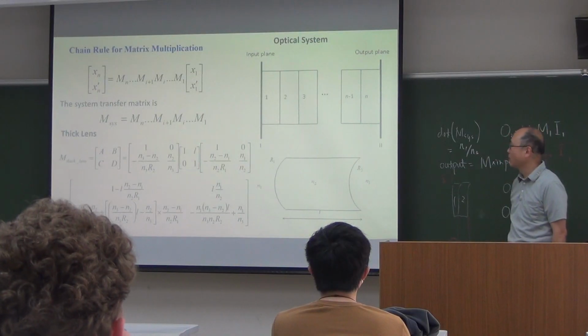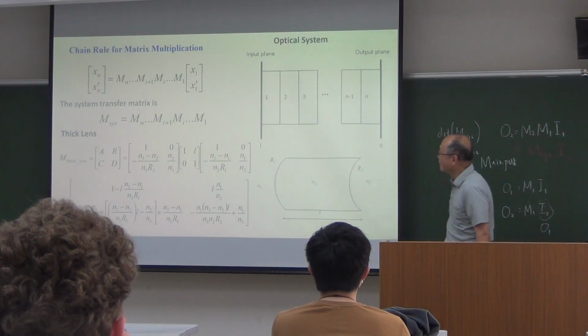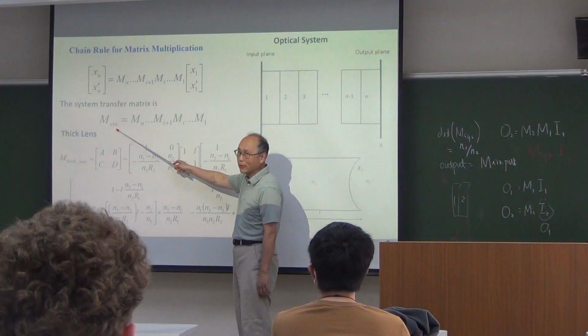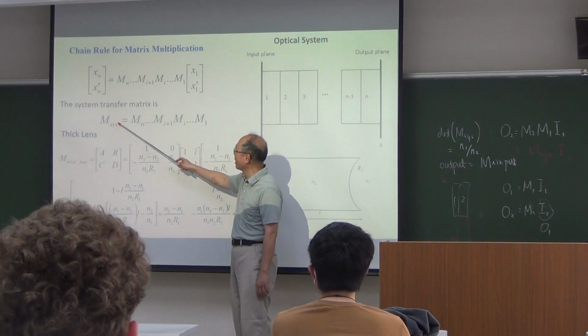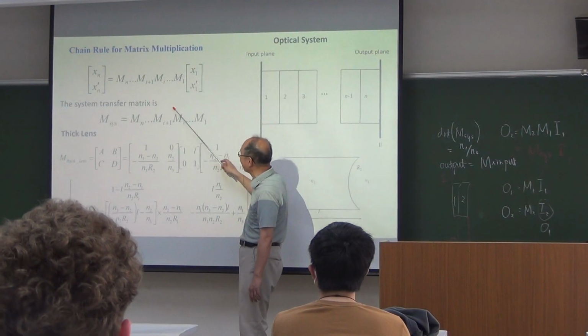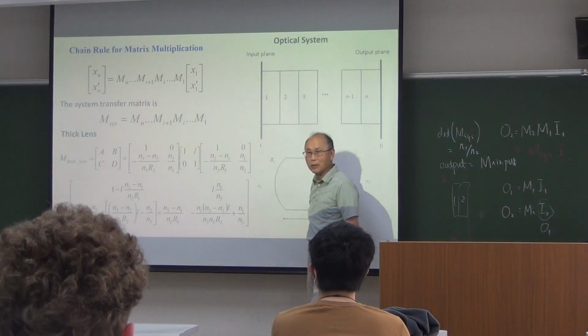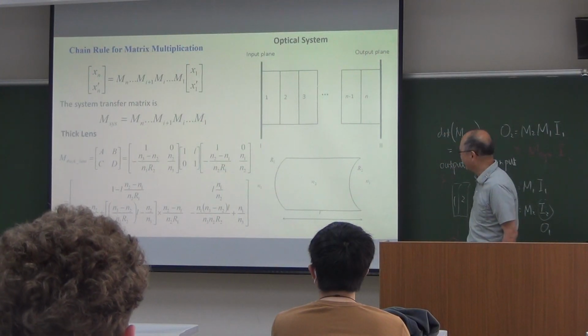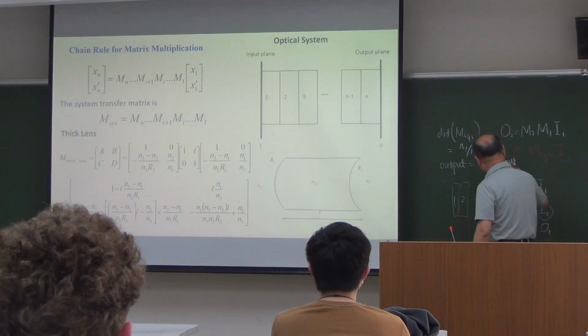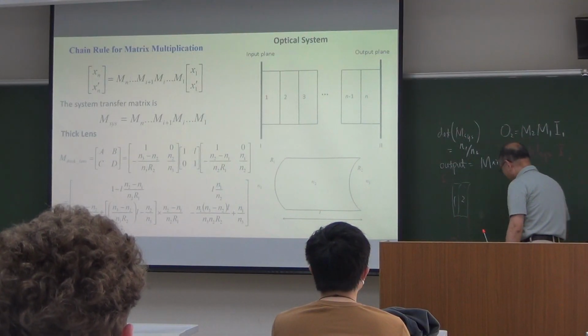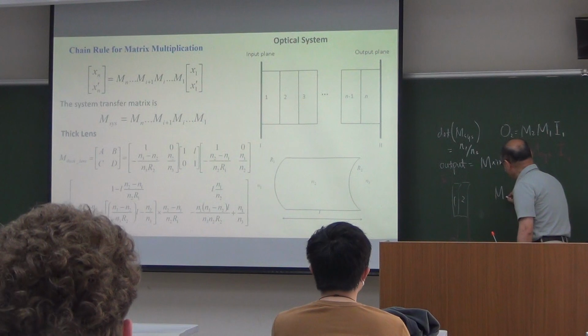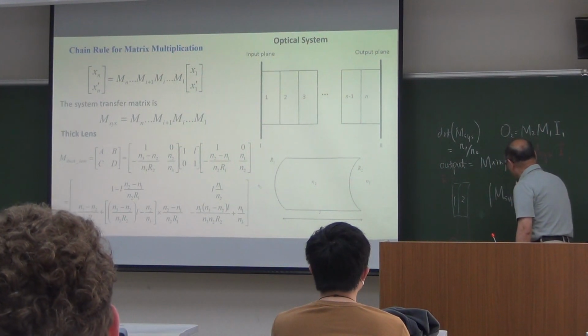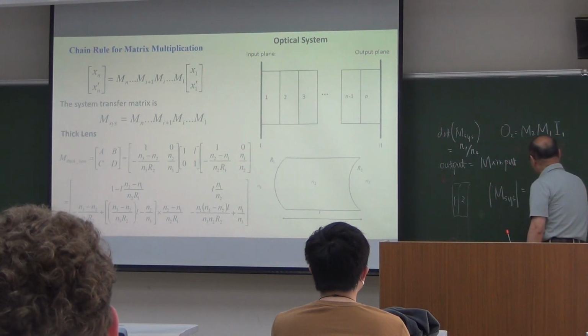The reason is very simple. The determinant of this is the multiplication of the determinants of the individual ray matrices, so the determinant of this is going to be equal to n.